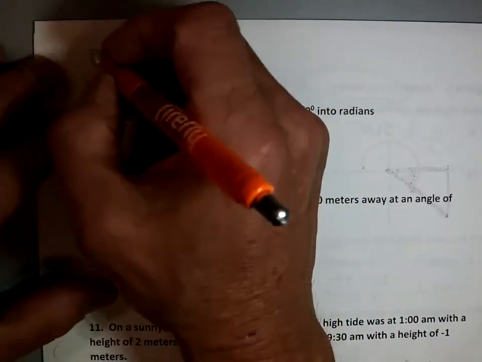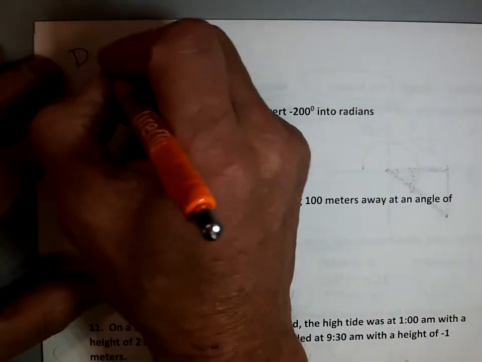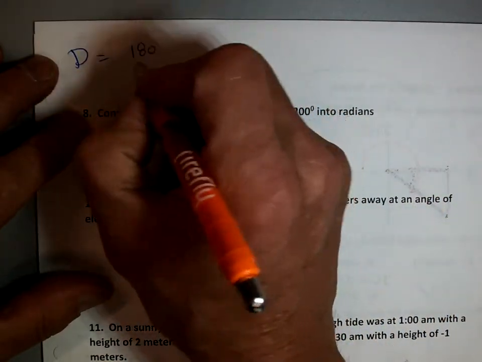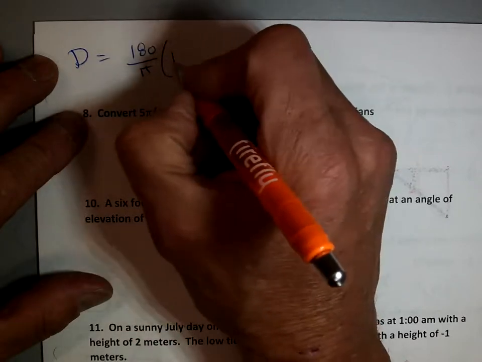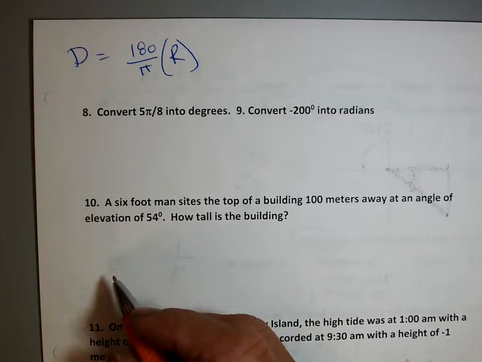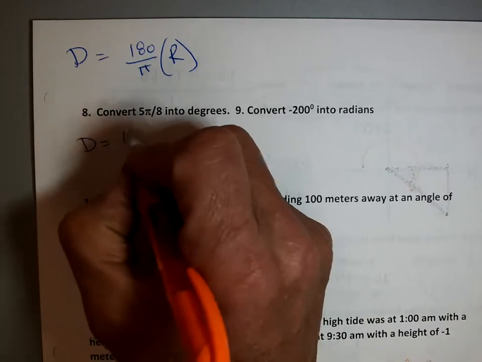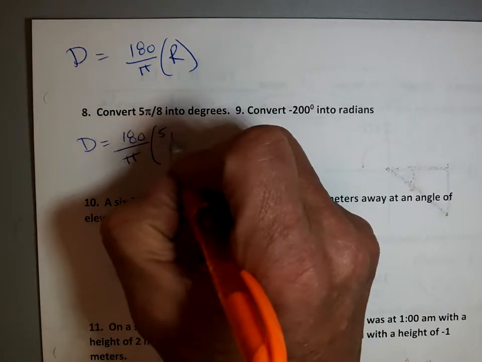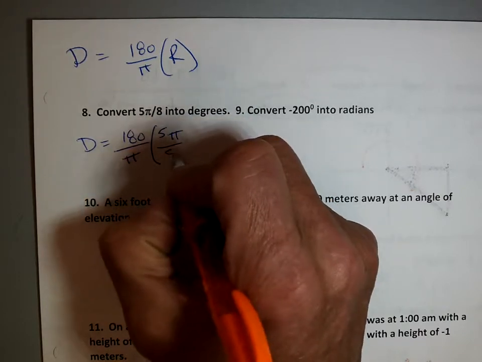We have a formula where we're going to say degree is equal to 180 over pi times my radian, okay? That's my formula. So I'm going to say my degree is equal to 180 over pi times 5 pi eighths.